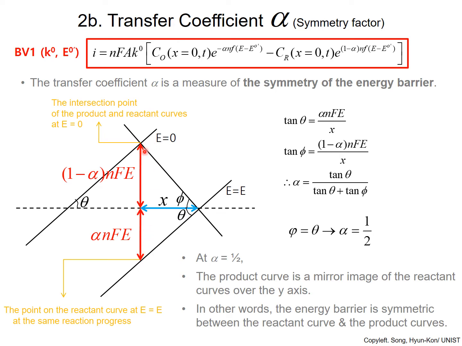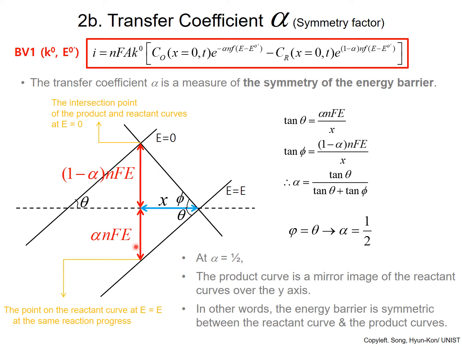The length of the first section is (1 minus alpha) NFE, and the lower part of the line is alpha NFE in its length. Of course, the summation of the lengths should be NFE.